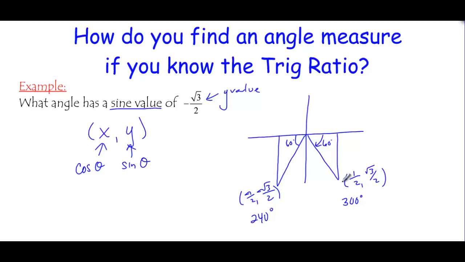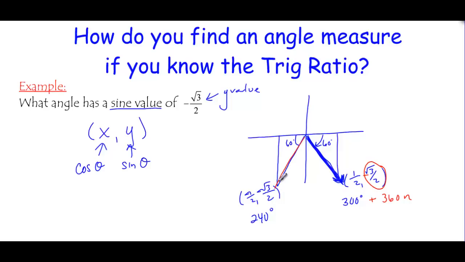And the answer to that is no. Any angle that's coterminal, and if you remember, coterminal means has the same terminal side, just a different number of rotations. So if I go a positive rotation of 360, that would also have a sine value of negative root 3 over 2. If I did 2 rotations, or if I did a negative rotation, same thing here.